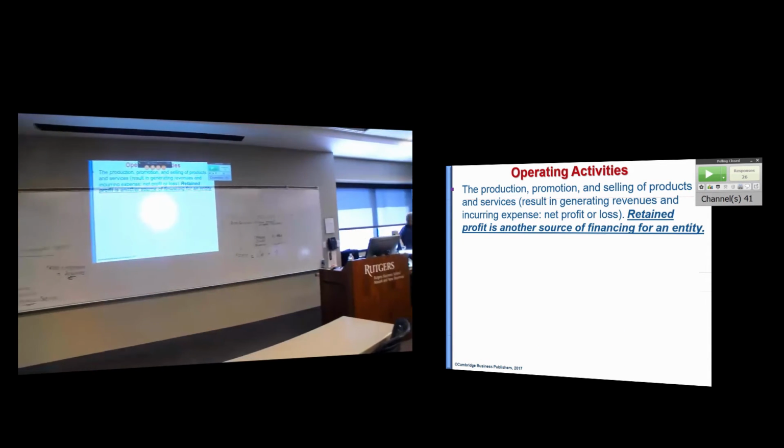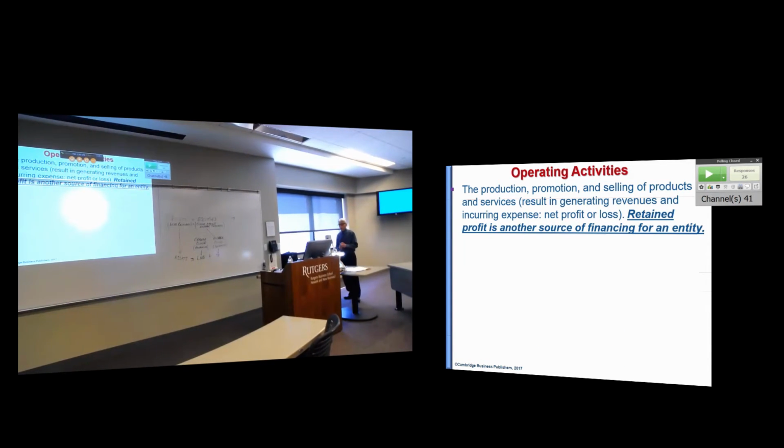The production, the manufacturing, the selling of products and services generates profit, and profit that is not paid out as dividends is going to be the retained earnings. Retained earnings could also be used as a source of funds to help finance operations.